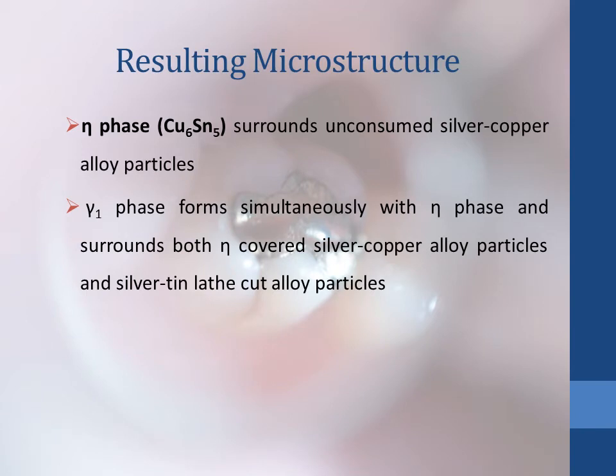So in place of the gamma 2, the eta phase, or Cu6Sn5, is formed, and this surrounds the unconsumed silver copper alloy particles. The gamma 1 phase forms along with the eta phase and surrounds both eta covered silver copper alloy particles and the silver tin lathe cut alloy particles, because the admix is a mixture of both the lathe cut and the spherical particles. So the gamma 1 phase surrounds both of these particles.